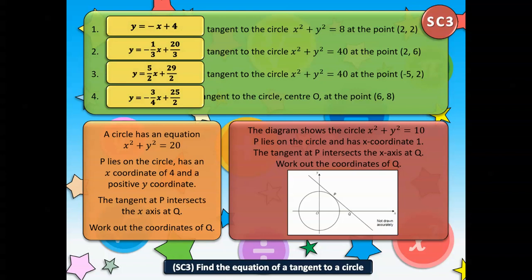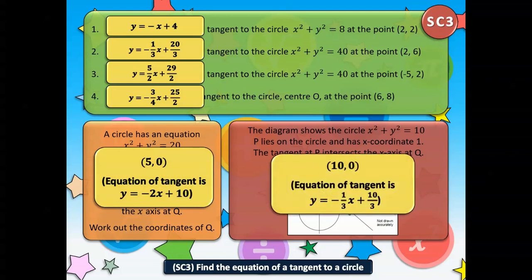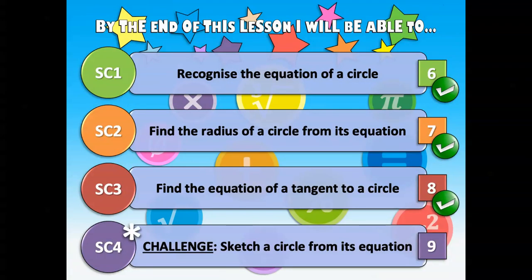So there's your green answers. There's your amber answer. And there's your red answer. And now we've completed success criteria 3.